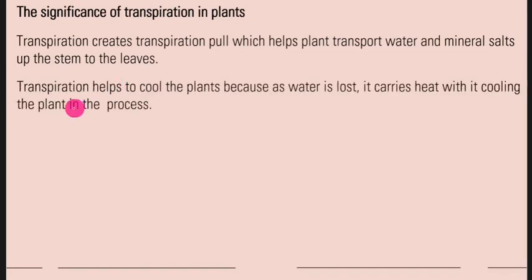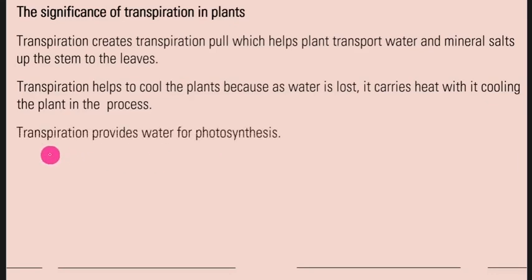Number two, transpiration helps to cool the plants, because as water is lost, it carries heat with it, cooling the plant in the process. So plants get cooled as the water vapor is leaving the leaf. It is carrying some heat, so it makes the plant cool.